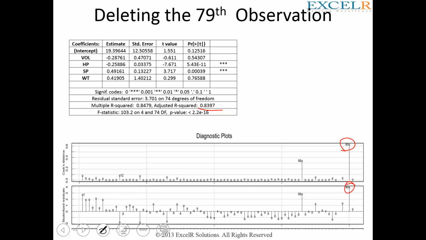First of all, you check whether that value appears there because of a data entry error. And outliers or these influential observations should not be deleted. It's a bad situation. We should not be doing that.